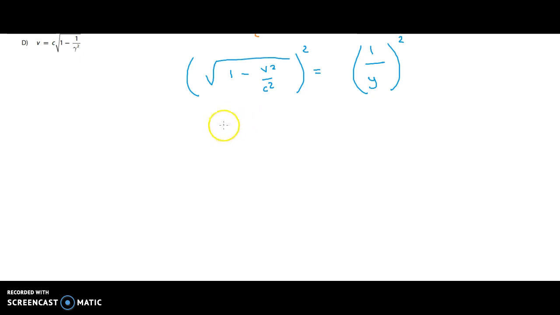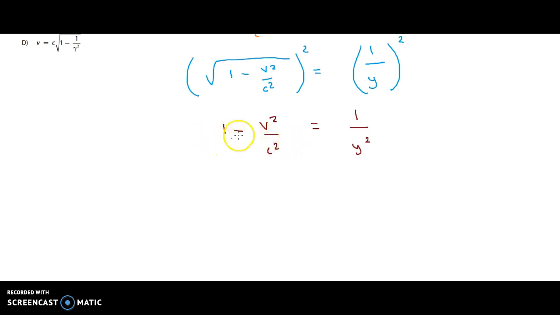So that gets us now to 1 minus v squared over c squared is equal to, well, we square this, hopefully, check my math, but this should just be 1 over y squared, right? Because it would be 1 squared, but that's just still 1, and y squared, well, that's going to be y squared. Okay. And then the next thing we could do, there's a couple things we could do.